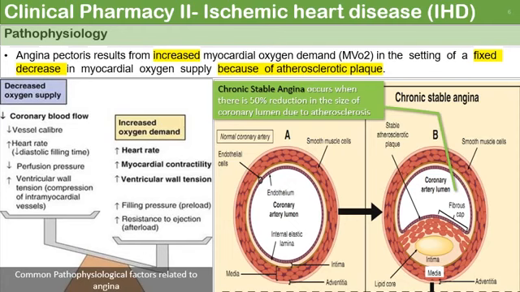Of the atherosclerosis or atherosclerotic plaque, as in the diagram, in which the diameter of the lumen of the coronary blood vessel is reduced about 50% to 70%. Okay, leading to a reduction in the oxygen supply of about 50% to 70%, which is a fixed reduction in the blood vessel or oxygen supply to the myocardium.